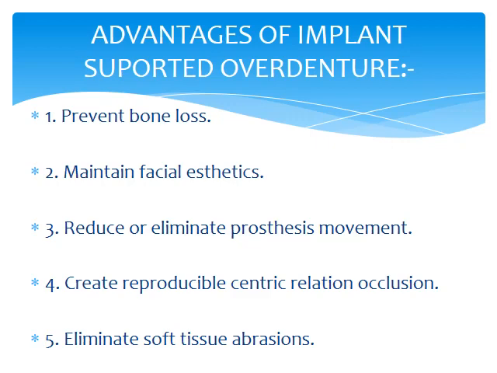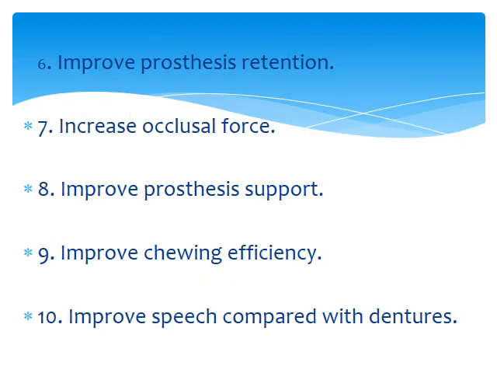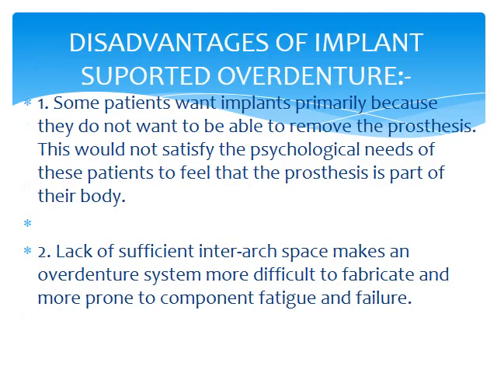The advantages of implant-supported overdenture: first, prevent bone loss; second, maintain facial aesthetics; reduce or eliminate prosthesis movement; create reproducible centric relation occlusion; and eliminate soft tissue coverage. Improve prosthesis retention, increase occlusal force, improve prosthesis support, improve chewing efficiency, and improve speech compared with dentures.